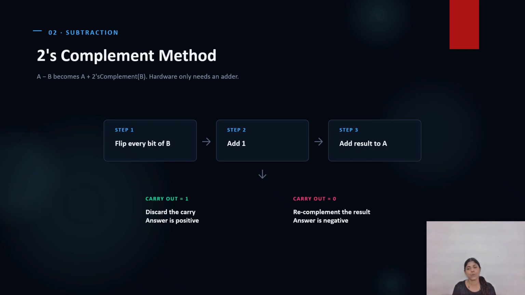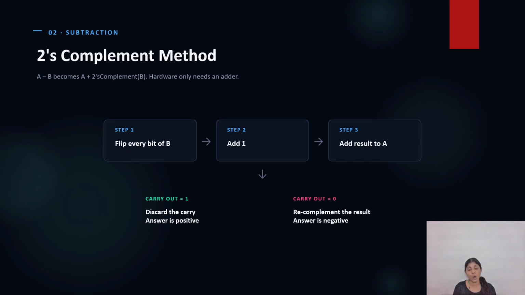Right? Okay. So after doing this addition, there are two possibilities. The first possibility is carry out equals 1. The second possibility is carry out equals 0. If carry out equals 1, blindly discard the carry and consider the answer positive.